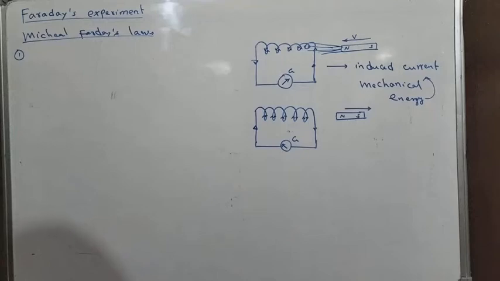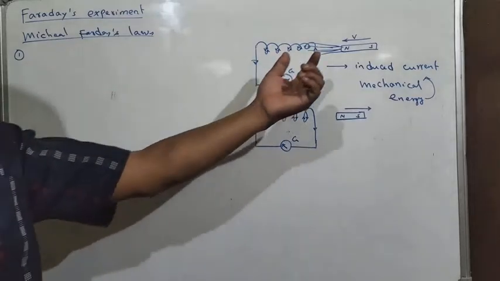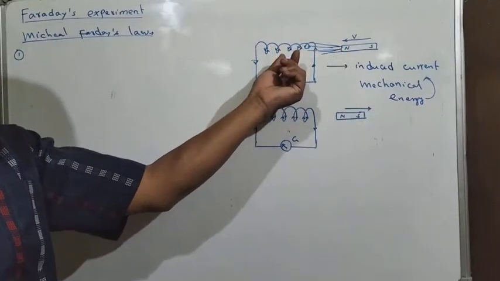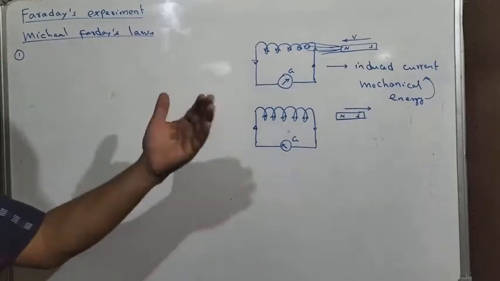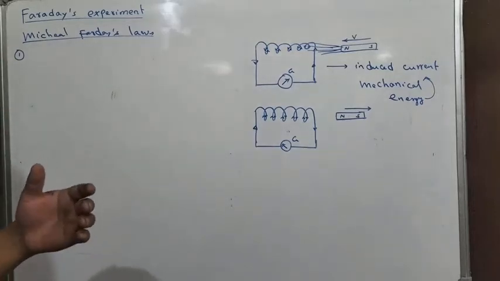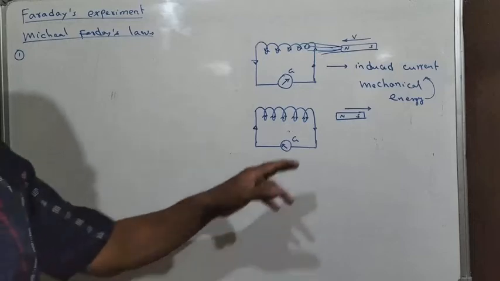The first law says that whenever a magnetic flux that is linked with the coil is changing, then an induced current, or a current, is induced in the coil. So please note down that law. First law says what?